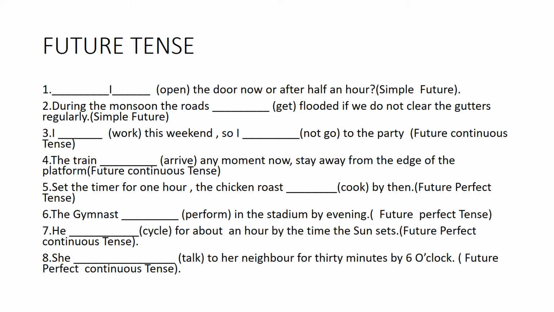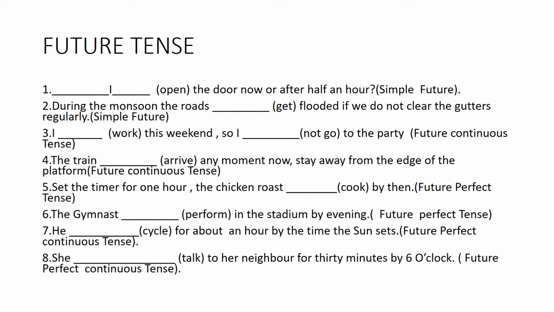The rule for simple future: if the subject is I or we, use shall plus the base verb. If the subject is you, he, she, it, they, use will plus the base verb.